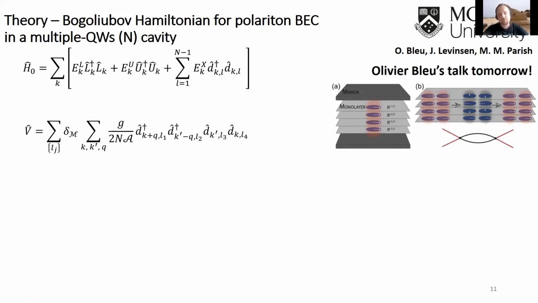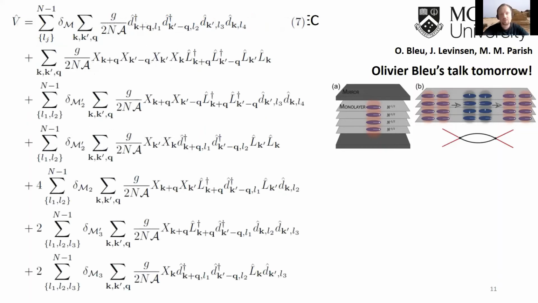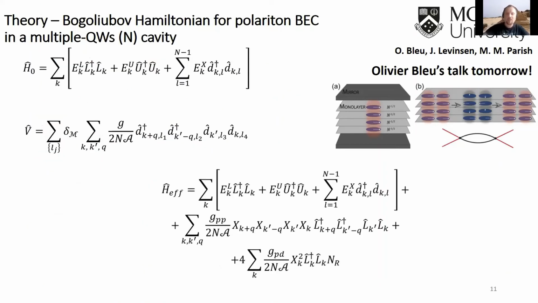So here it's written in a compact form in the basis of the exciton operators. But when we want to express this in polariton operators and all the possible scattering channels, it's quite messy, so let's go to the effective Hamiltonian, which was developed by Olivier and our friends from Monash University.